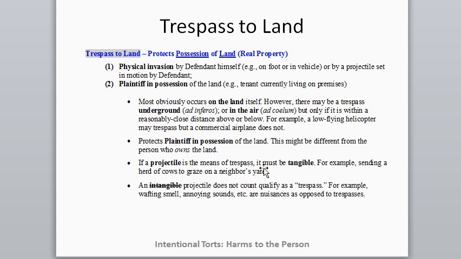So a wafting smell from a factory, annoying sounds, those are nuisances as opposed to trespasses, and we get to that later. A trespass is actually some person or some actual thing that comes onto the land. You don't want it there. Or I should say that the plaintiff in possession doesn't want it there, and that is a trespass to land.